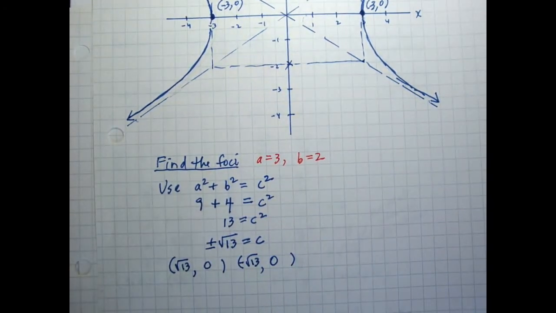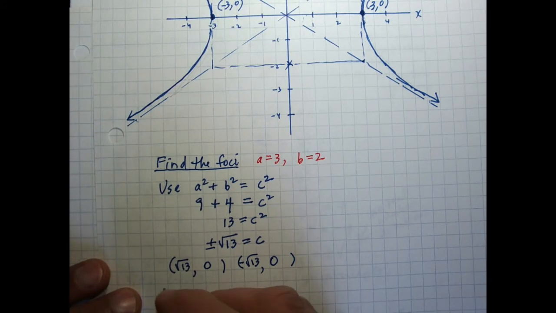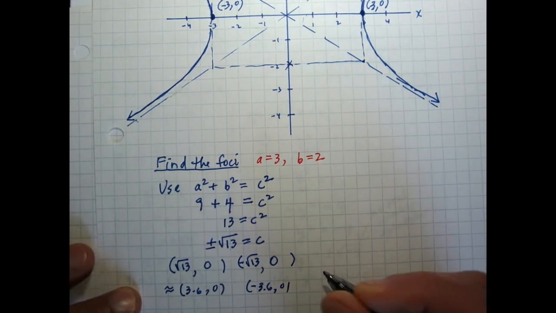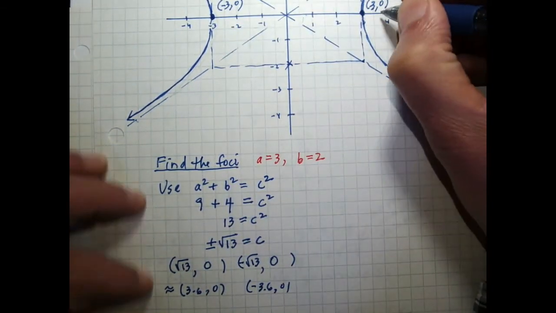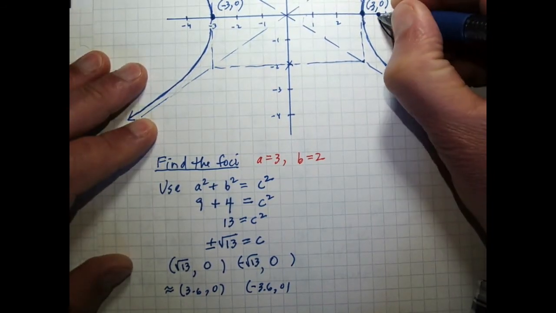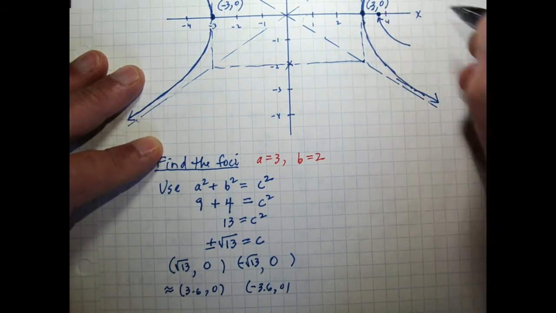And let's get a decimal for that. Square root of 13 is about 3.6. So negative 3.6. So 3.6 is there between 3 and 4.